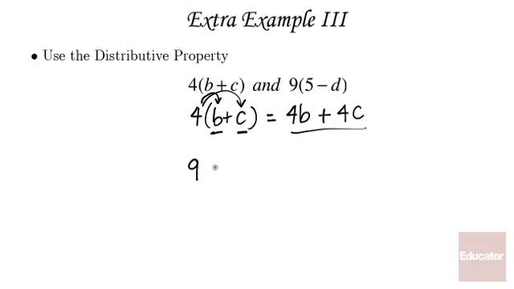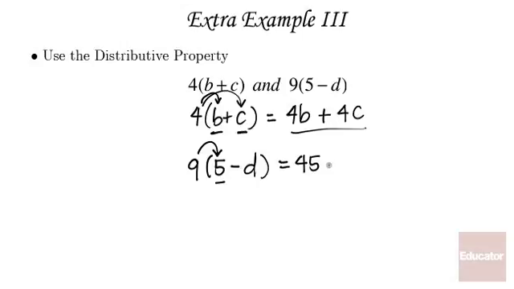The next example, 9 times 5 minus d. I can't solve within the parentheses, so take the outside number, multiply it to that first one, 5. 9 times 5 is 45.